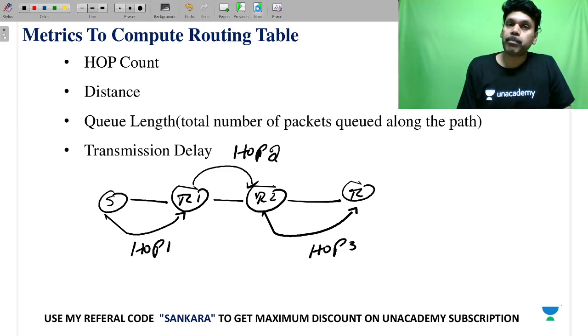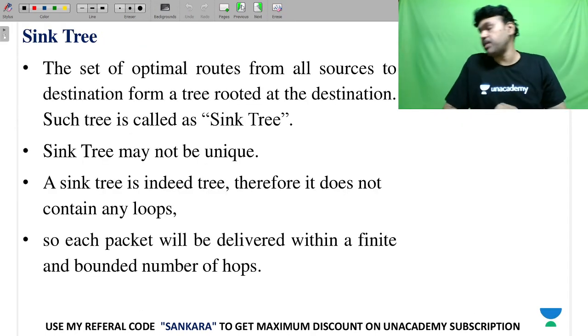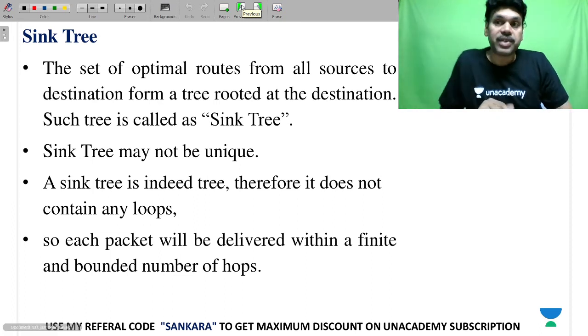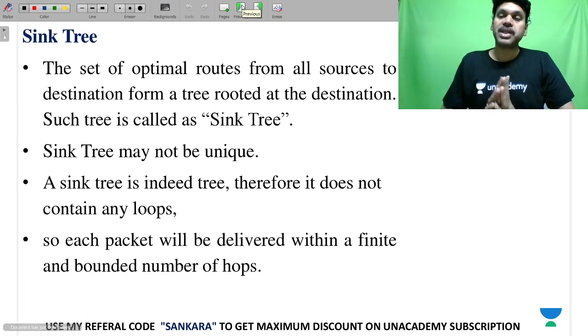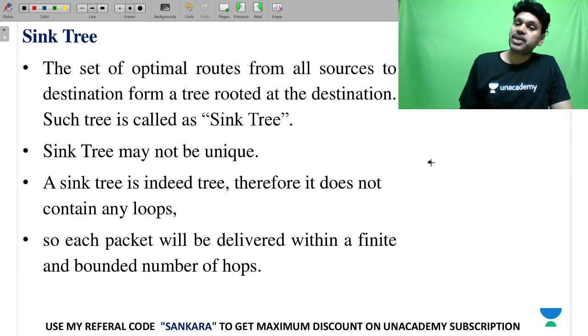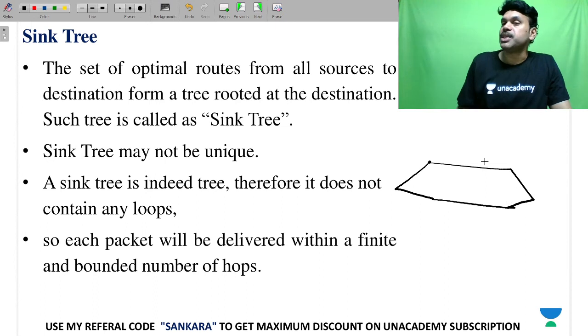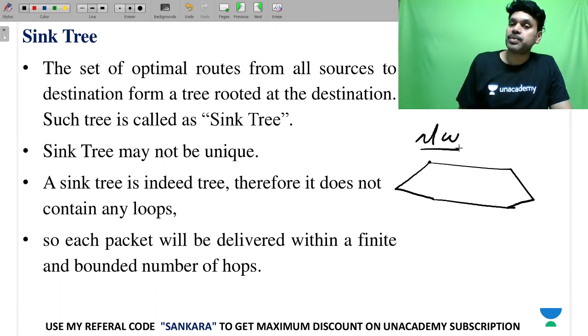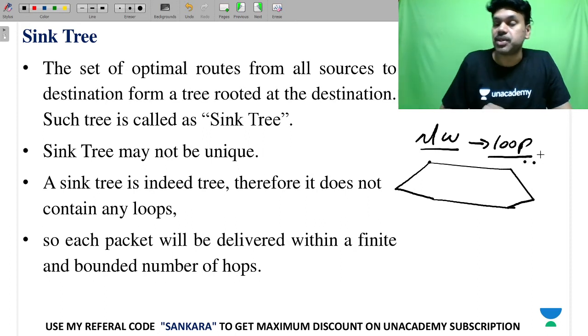Now you see, what is a sink tree? Construction of a sink tree is very, very important. What is a sink tree? A tree is nothing but your network only. When you see that a network consists of loops like this, there may be a chance of congestion.